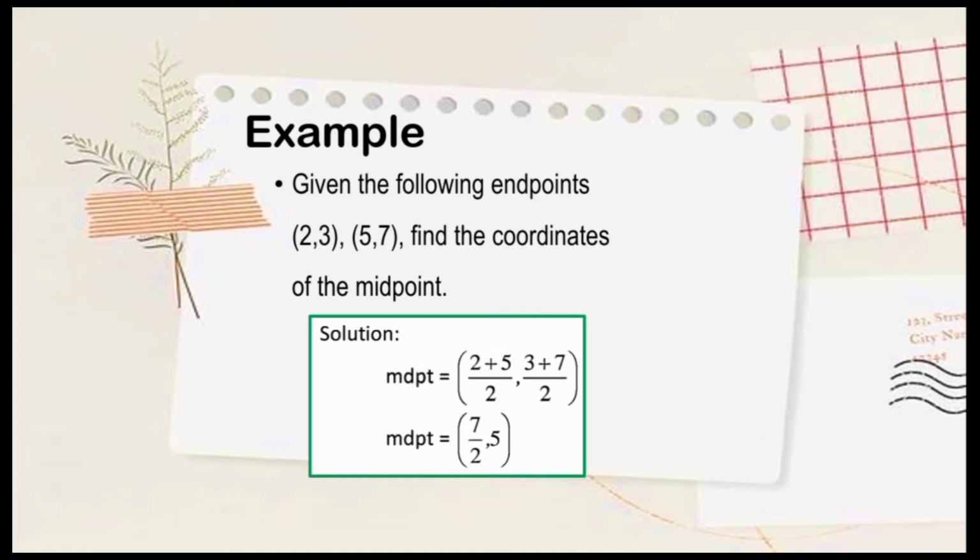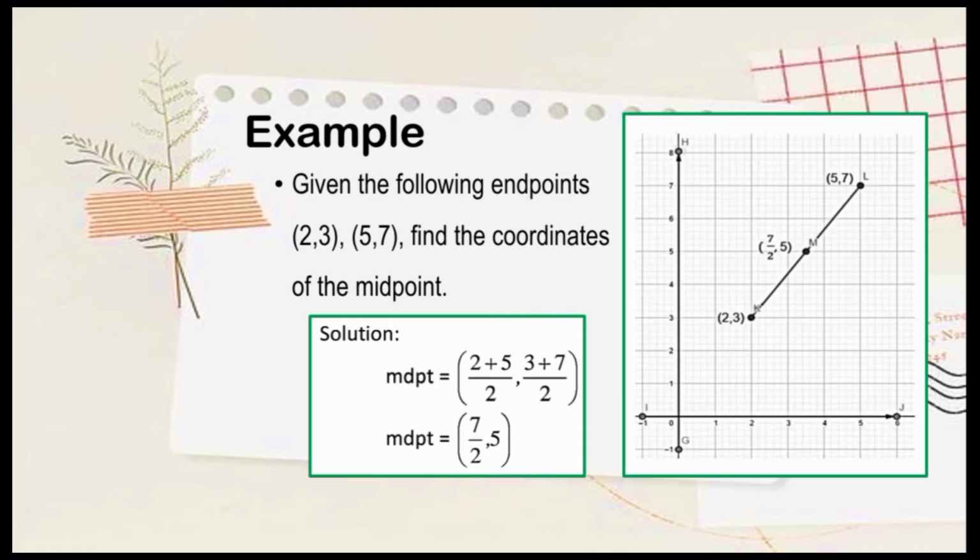Then 3 plus 7 is equal to 10. Divide by 2. So we have 5. So the midpoint is equal to the quantity of 7 over 2 and 5. This is our graph of the following endpoints.